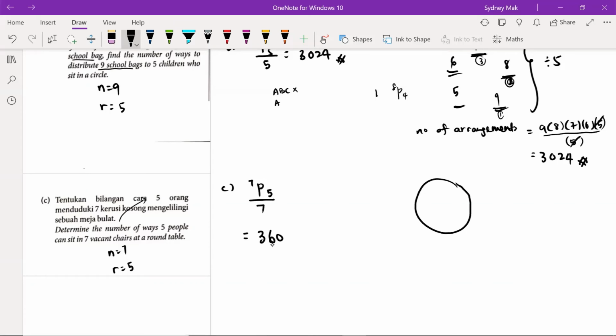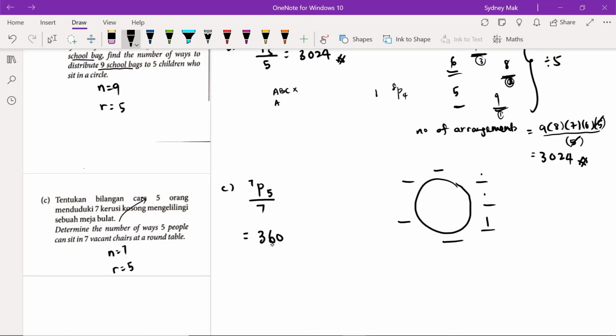Around the table, we have 7 empty chairs: 1, 2, 3, 4, 5, 6, and 7. The first person that goes in has only one choice, because whichever chair he chooses will be the same: front, back, left, right, nobody. So there is only one way to choose.